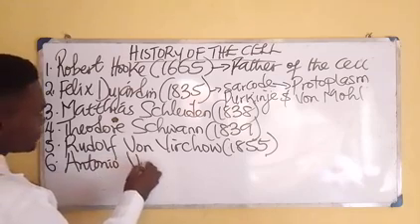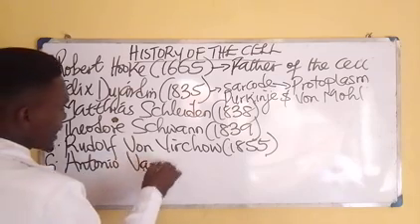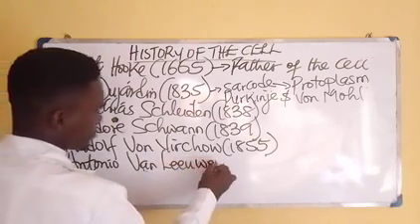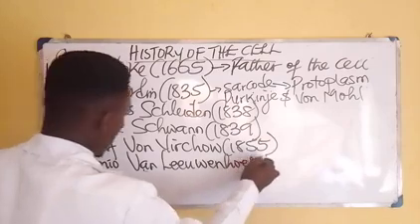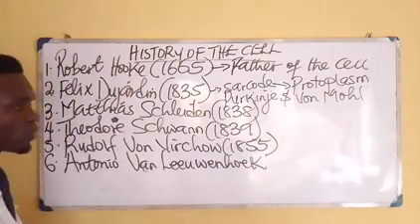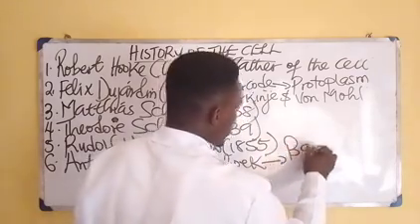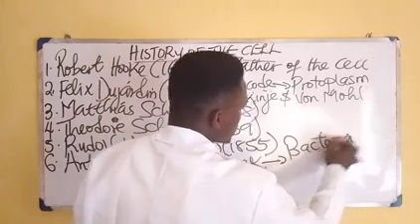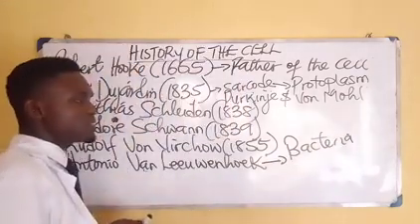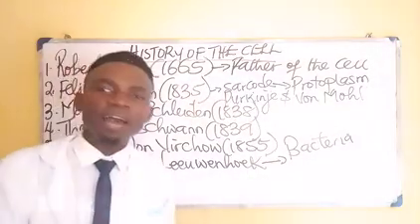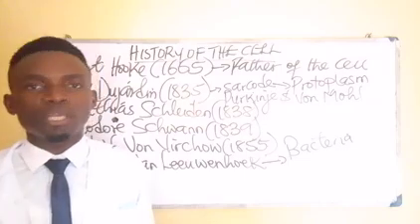What about Antonio van Leeuwenhoek? Antonio van Leeuwenhoek was the person that discovered bacteria. So he was the first scientist to discover bacteria, and he's known as the father of microscopy.